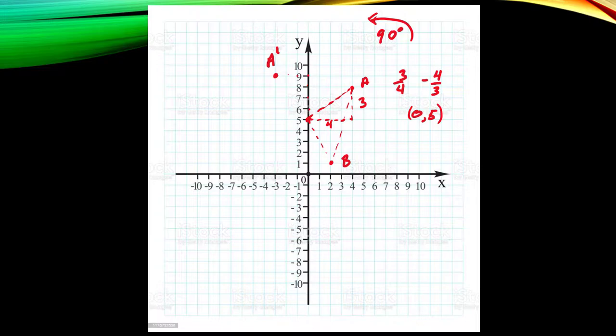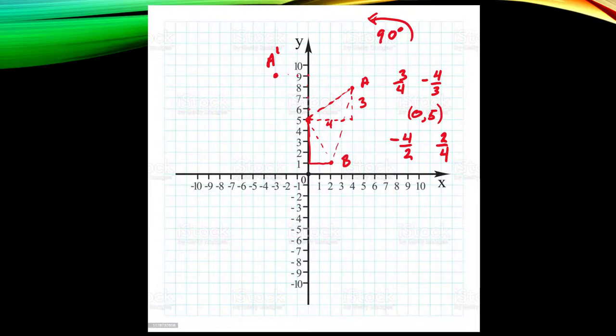We'll do the same thing with point B. Point B relative to the point of rotation has a slope of -4/2. Whenever I negate and reciprocate that, it becomes 2/4.